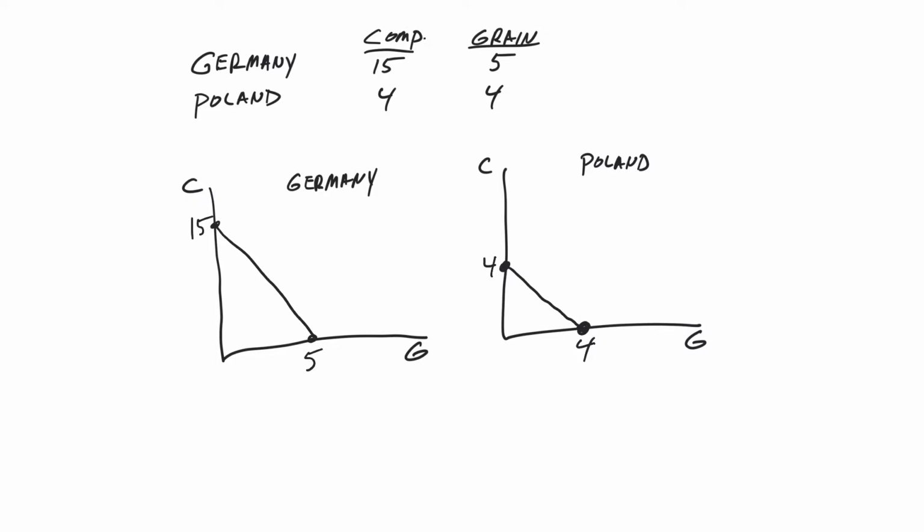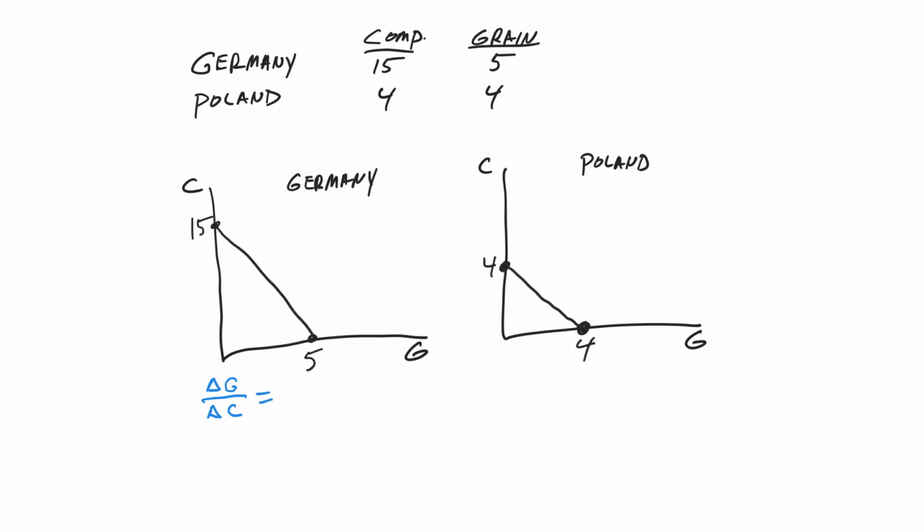the question asks for, what is the opportunity cost of one computer in Germany? Okay, one computer in Germany. Well, remember, if we want to know what one computer is, we know that computers go in the denominator. So we're going to plot the change in grain divided by the change in computer.